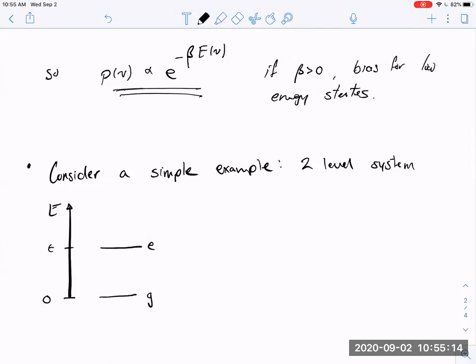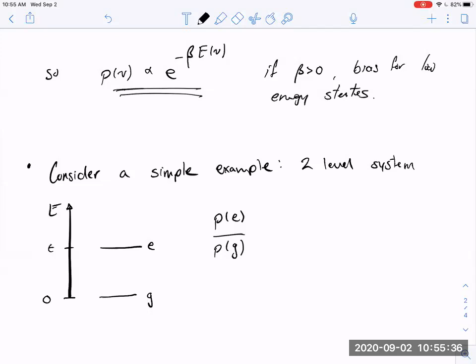Now, from our Boltzmann distribution, we can immediately answer questions like, what is the relative probability of seeing the system in the excited state as compared to the probability of seeing it in its ground state?